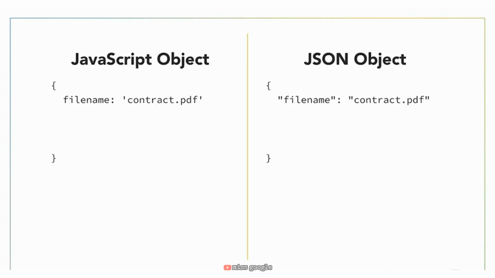In JavaScript, a string value must be enclosed in quotes, but those can be single or double quotes, or even backticks in an ES6 environment. In JSON, strings must be enclosed in double quotes. No room for personal style here. In both JavaScript and JSON, you use a comma to separate one key value pair and the next.